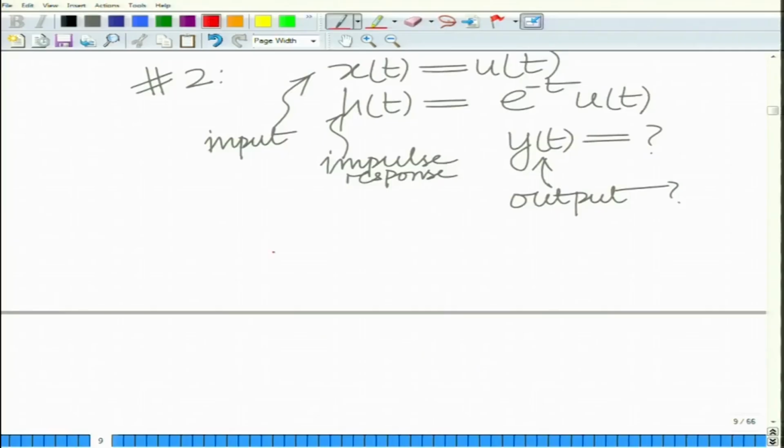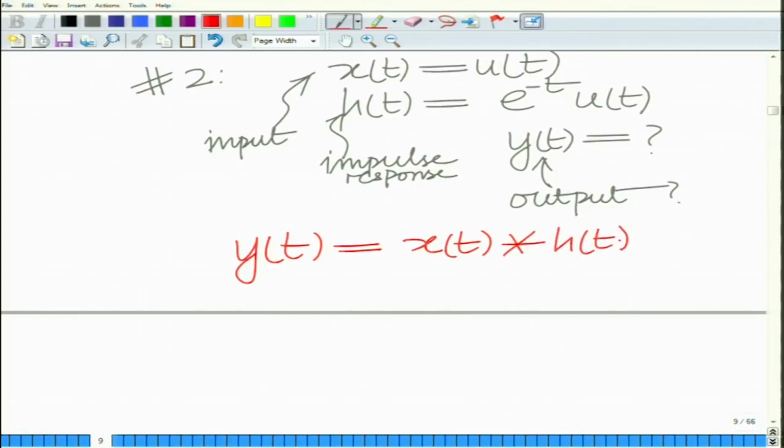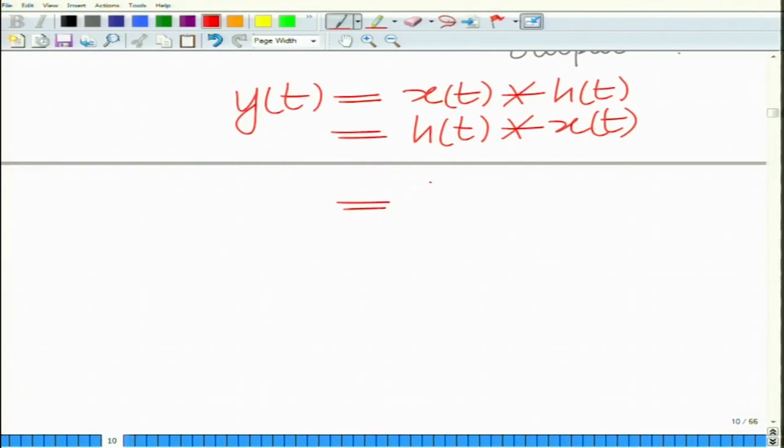Now, as you know, the output for an arbitrary input is given by the convolution of the input with the impulse response h(t), which I can also write as h(t) convolved with x(t), which if you recall is the integral from minus infinity to infinity of h of tau x of t minus tau d tau.